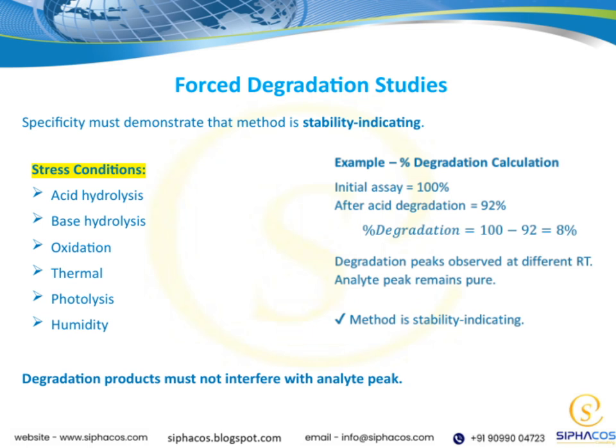We also consider physical stressors such as thermal stress, which involves heating the sample, photolysis, exposing it to light, and humidity to assess the effects of moisture. By testing under these conditions, we ensure our method is robust enough to accurately identify and quantify the analyte, even when degradation occurs. This is key to demonstrating the stability indicating power of our analytical method and to ensuring the safety and efficacy of the product throughout its shelf life.